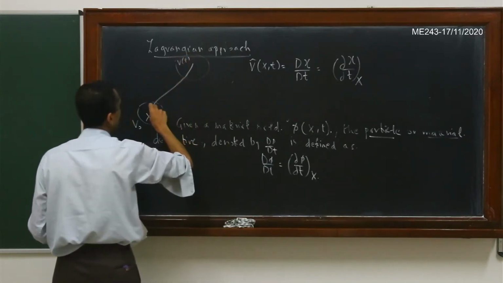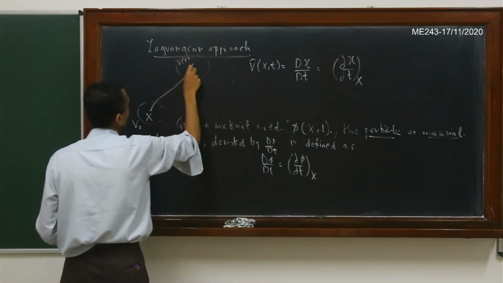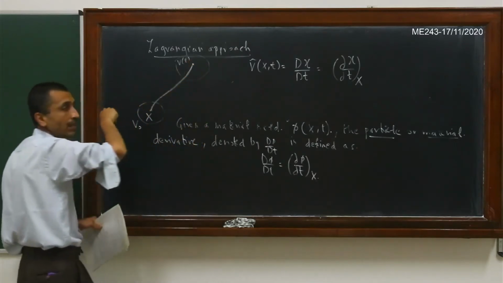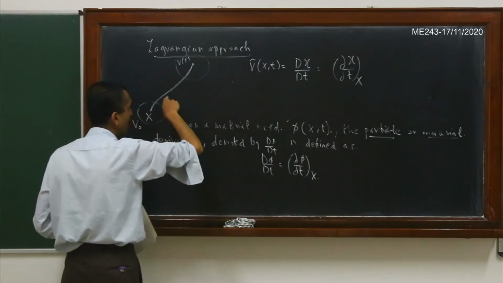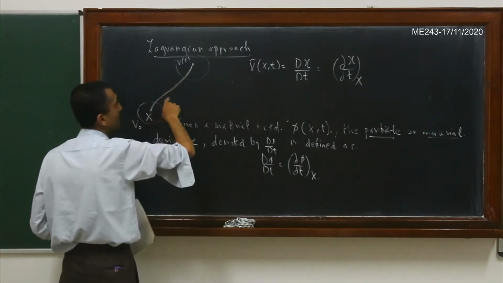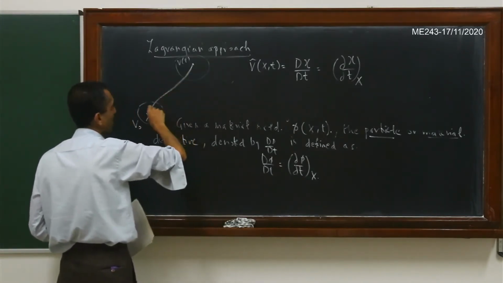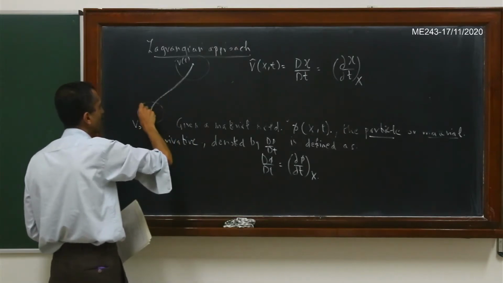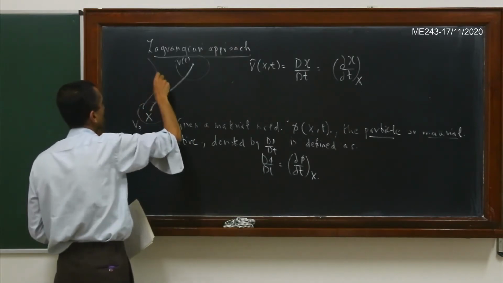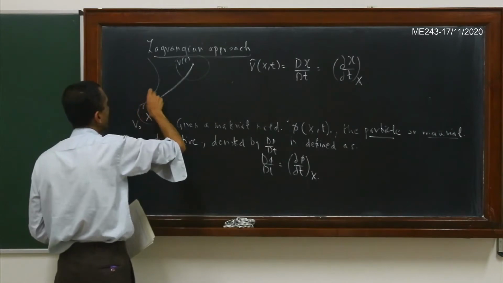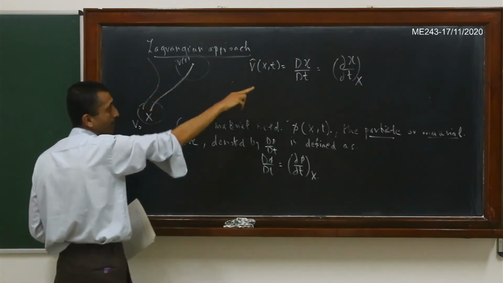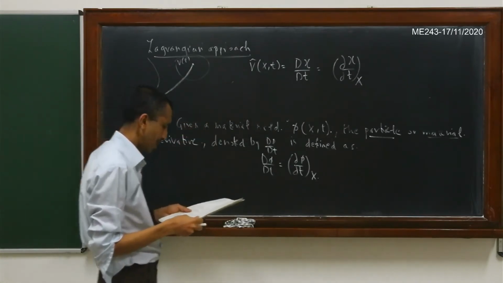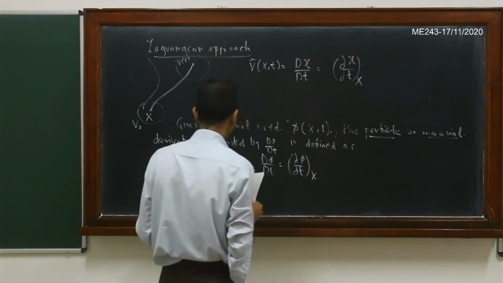Suppose this is the trajectory of this particular particle, then we are simply taking the derivative of the chi mapping with respect to time, keeping capital X fixed. If it were some other particle, we are tracking its trajectory and again taking the derivative of the function that defines the position vector with respect to time. So that is the definition of the velocity in the Lagrangian approach.